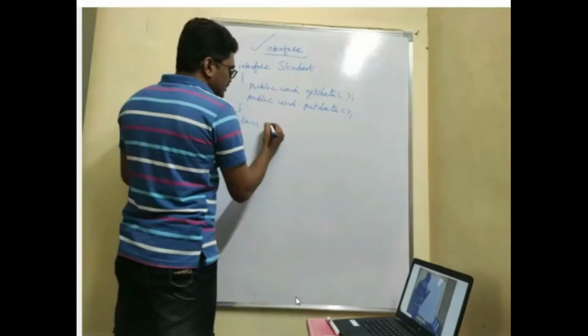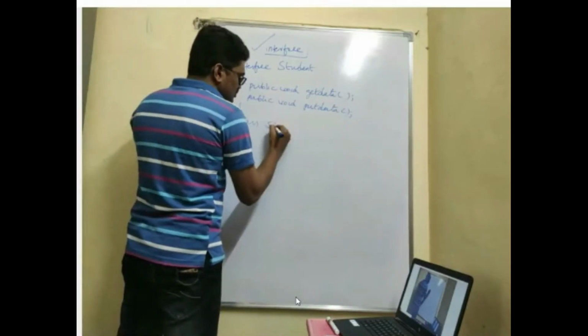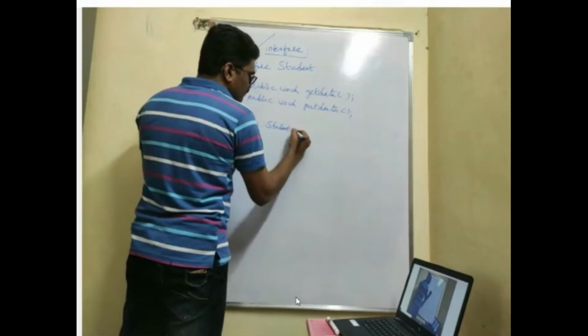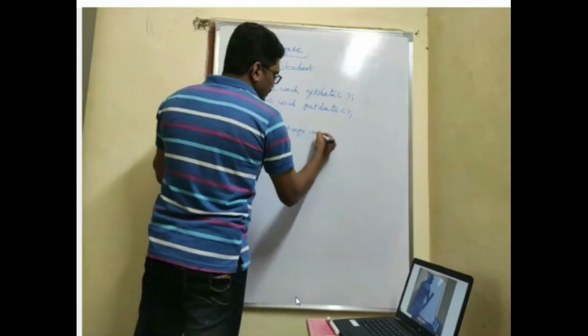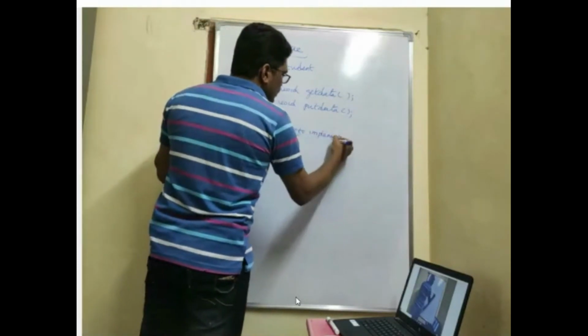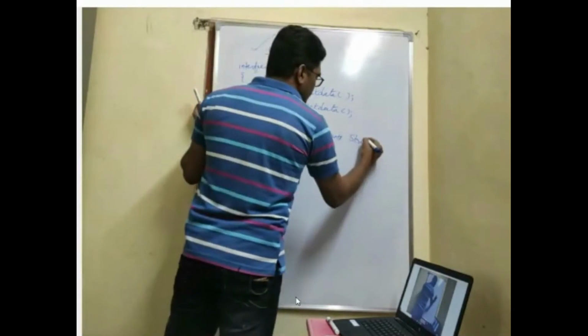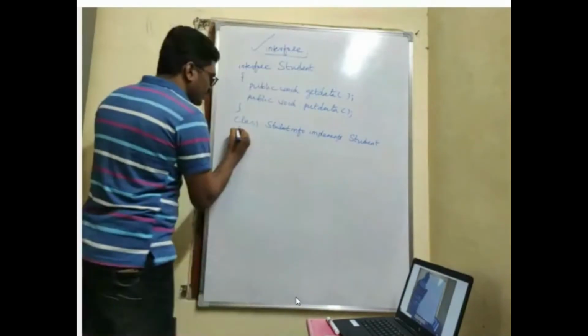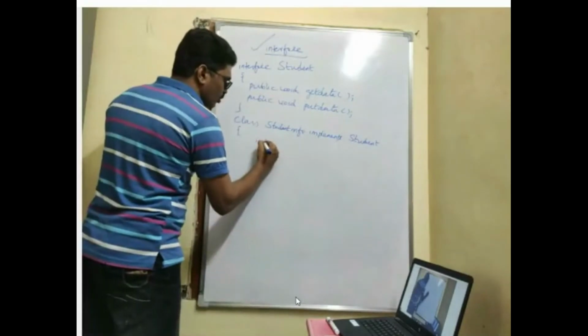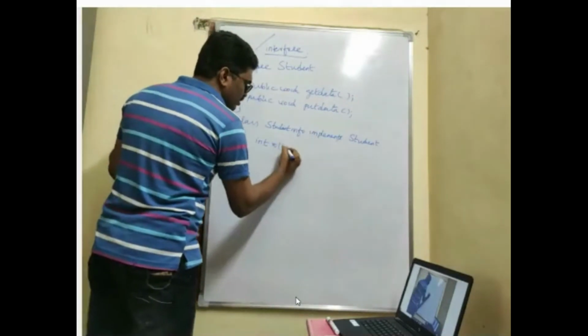Then a class, suppose student info, implements student. Here I'll write suppose roll number. I want to just get the roll number and print it.